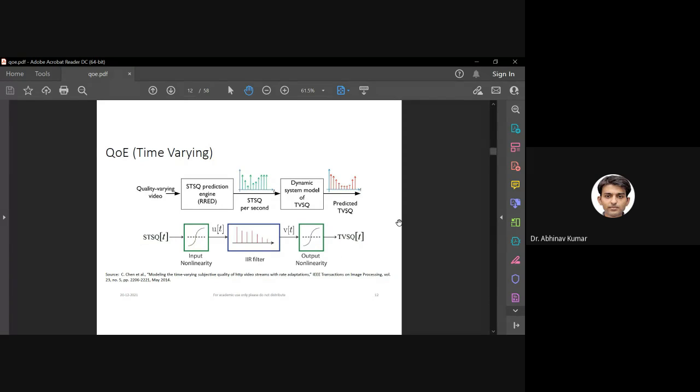With the current TVSQ and with predicted TVSQ, maybe this is what we should be requesting, right? And this was an existing model at that point of time where the input nonlinearity was captured in the STSQ prediction engine, and there was an IIR filter, right, which was used to predict the output, and there was an output nonlinearity in between, right, which captured the relationship between these STSQ and the TVSQ. Again, this is the work by Chen and others.